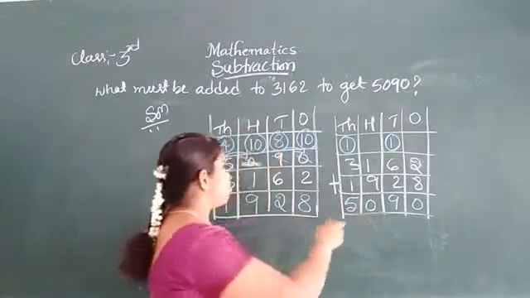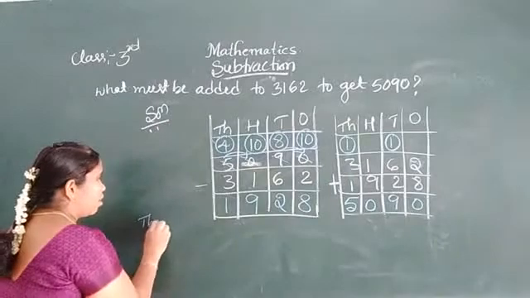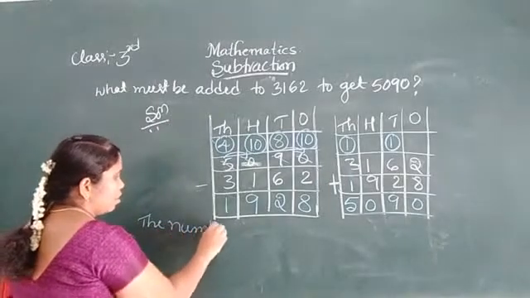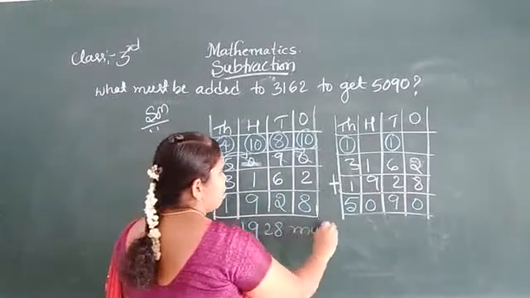See, 5090. So here the number 1928 must be added.